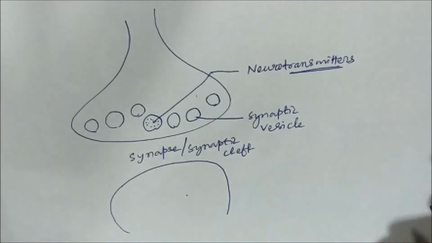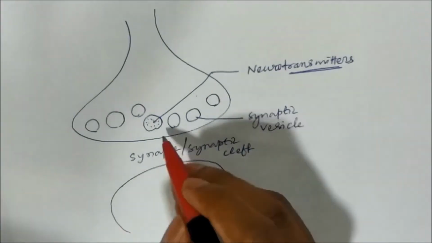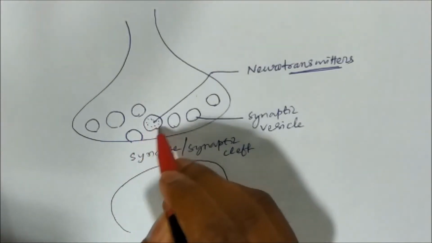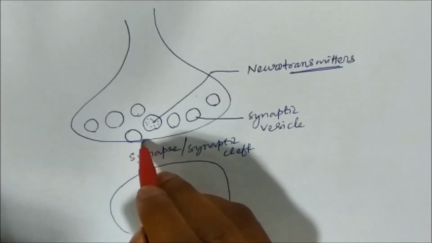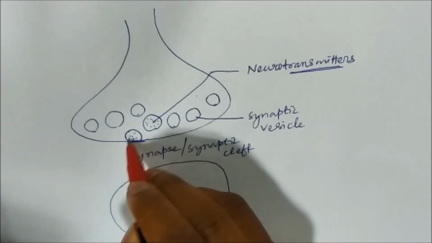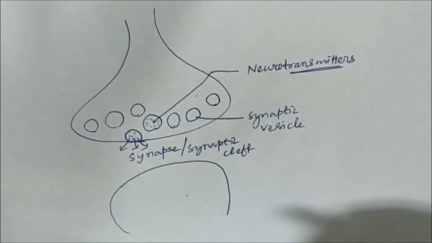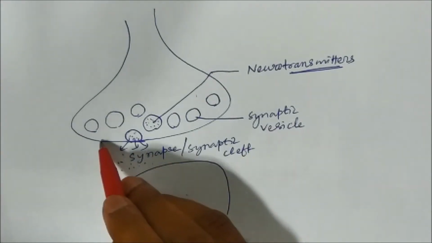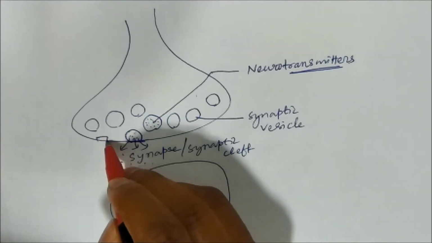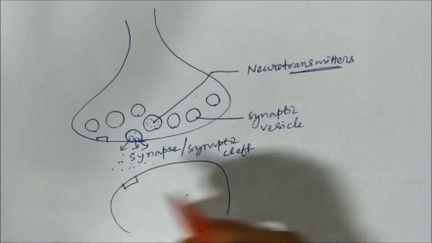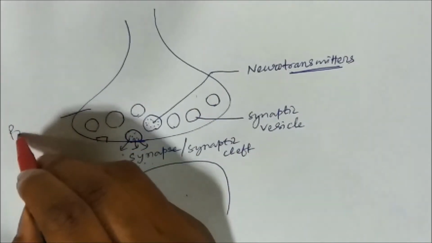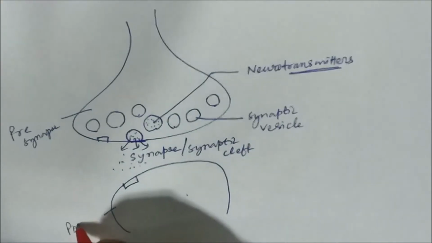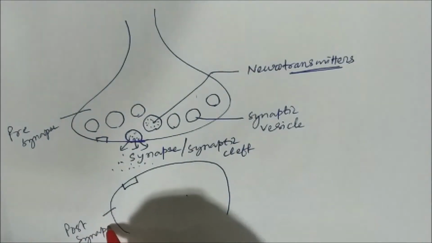When the synaptic vesicle membrane fuses with the axon terminal membrane, the neurotransmitters are released into the synaptic cleft, and then they can act on their targets in the presynapse as well as on the postsynapse. So this is called the presynapse, and this is called the postsynapse.